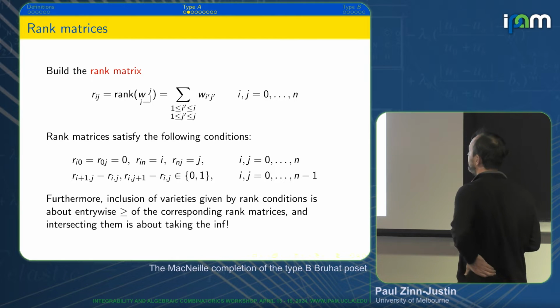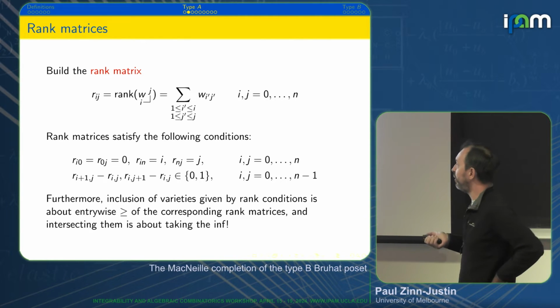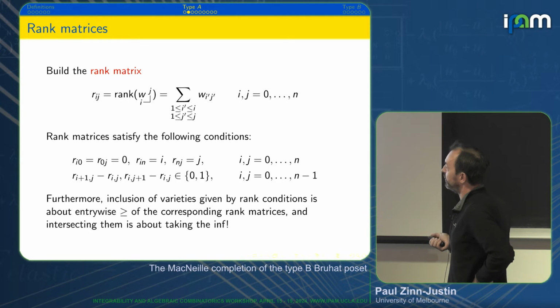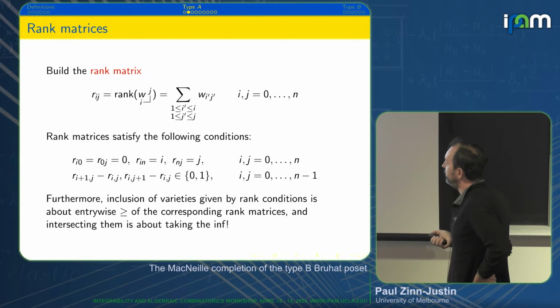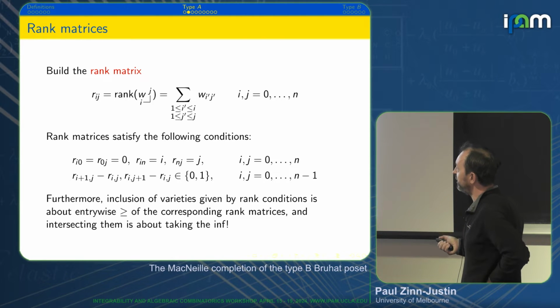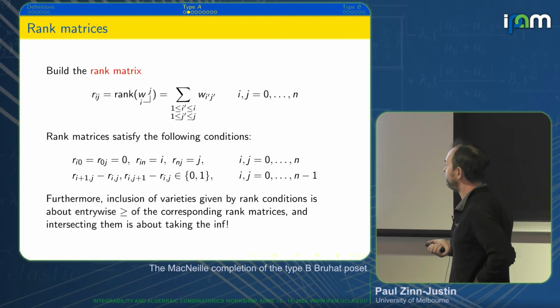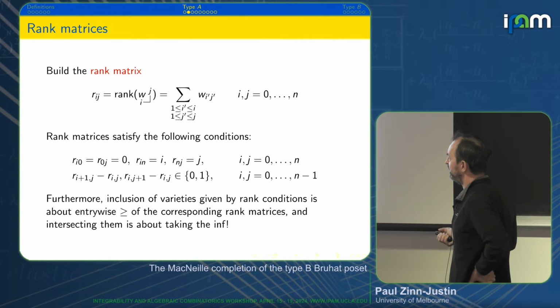And so why do I care about these rank matrices? As I said, they encode entirely the geometry of these matrix Schubert varieties. That means they also encode entirely the Bruhat order, because the inclusion of a variety into another is exactly about saying that one of the rank conditions implies the other rank condition, which is just inequality on these R_ij's. So another way of saying that is that the Bruhat order is nothing but entry-wise inequality of the corresponding rank matrices.